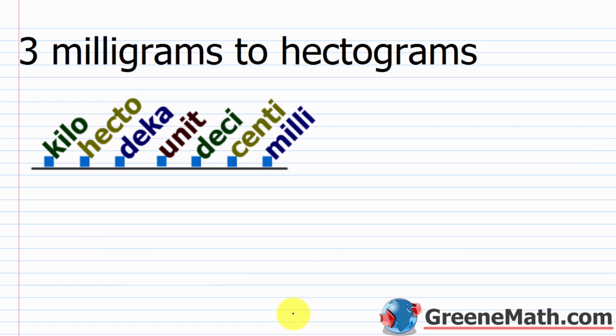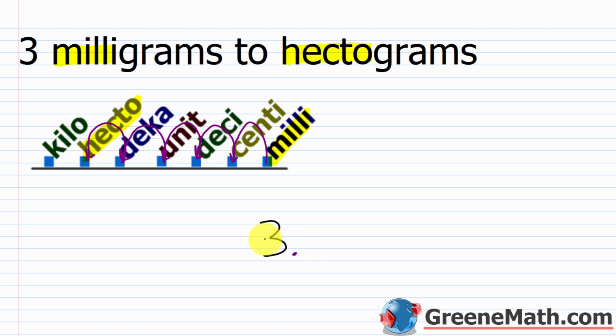All right, let's take a look at another one. We want to convert 3 milligrams to hectograms. So again, look at your prefixes. You have milli here. You have hecto here. So let me write this number here. We have 3. And we're going to be going to the left. Let me write that a little further over here so that I have some room. And we're just going to match the movement and the direction on our prefix chart. That's all we need to do. So we're going to go 1, 2, 3, 4, 5 places to the left.